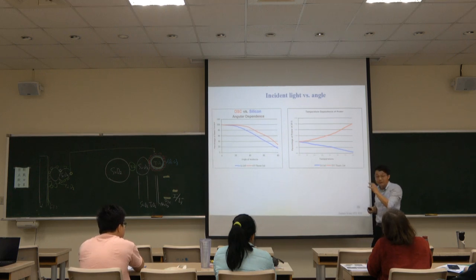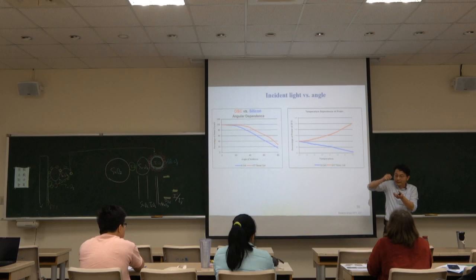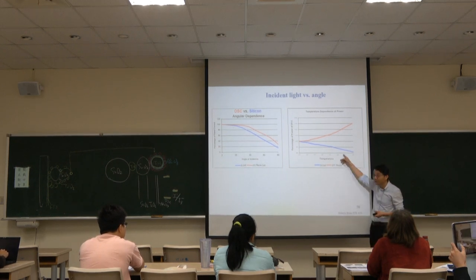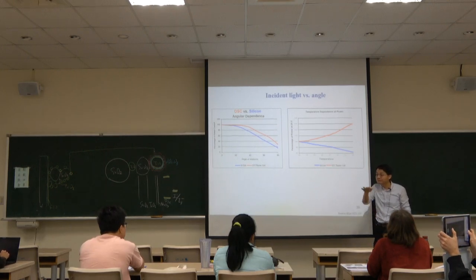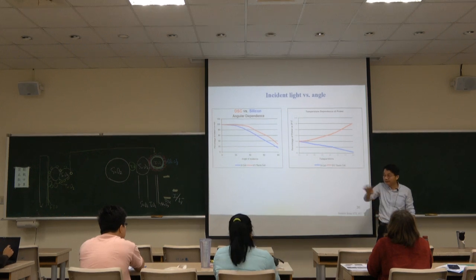This is because, as I mentioned, if the solar cell always has a high temperature, in the summer the silicon solar cell surface can reach maybe 70 degrees, because it is quite hot on the surface.